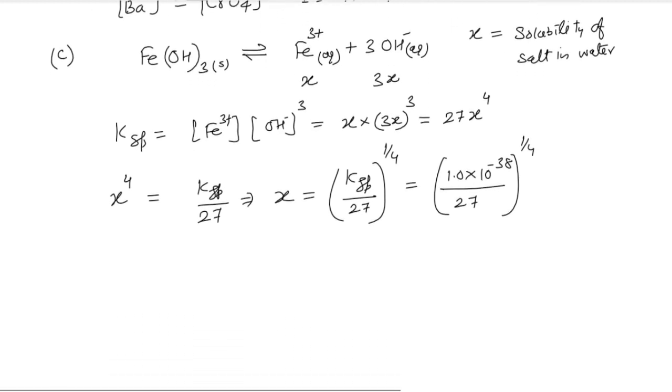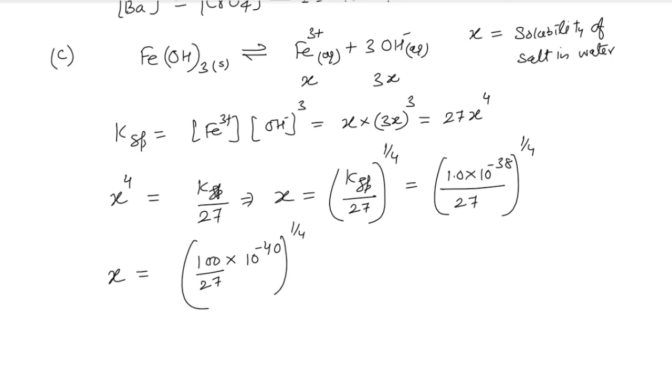To get it out, let us do one thing. Take it as 100 into 10 raised to power minus 40 over 27. So it comes out to be 100 over 27 raised to power 1 by 4 into 10 raised to power minus 10.